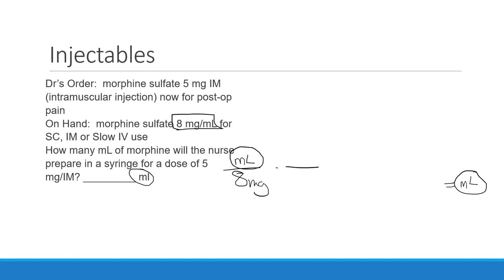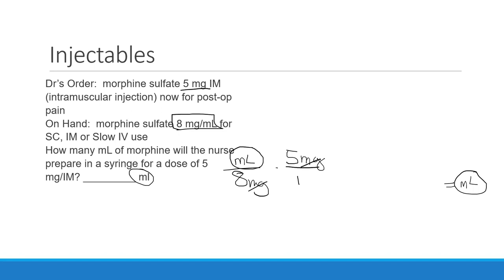Can I leave it like this? No, I cannot, because I've got this milligrams here. In order to get rid of it, I've got up here what the doctor's actually ordered, which is 5 milligrams. So I'm going to put 5 milligrams over here, all over 1. Marking those out, did I end with my variables being the same?